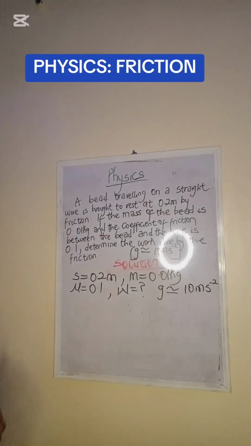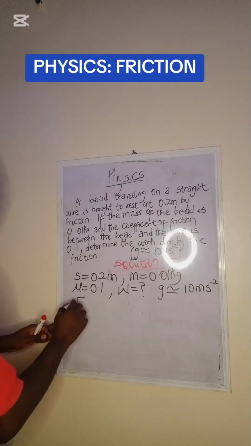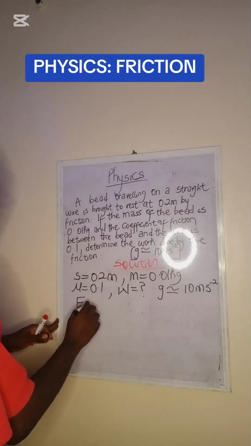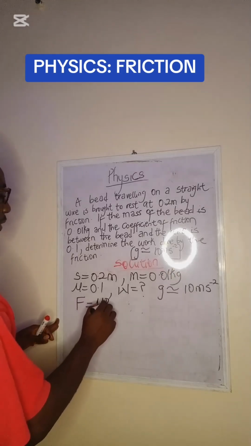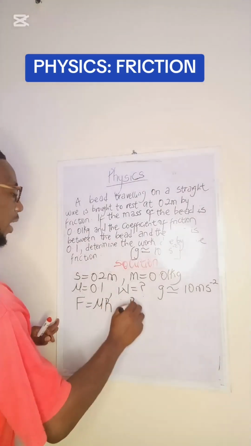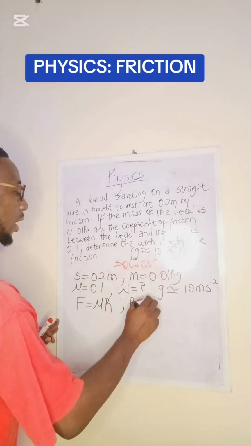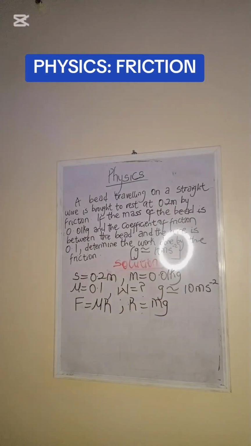Having written our parameters, let's write out the formula that will help us get what we want. So we have F, which is frictional force, equals the coefficient of friction times the normal reaction, or normal force. And we know that our R equals mg, where m stands for the mass and g stands for acceleration due to gravity.